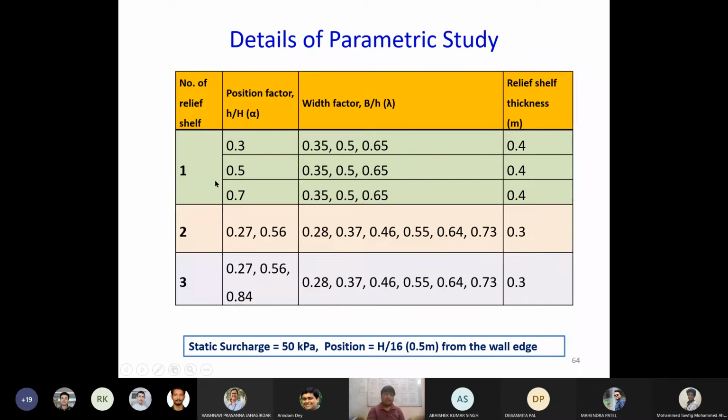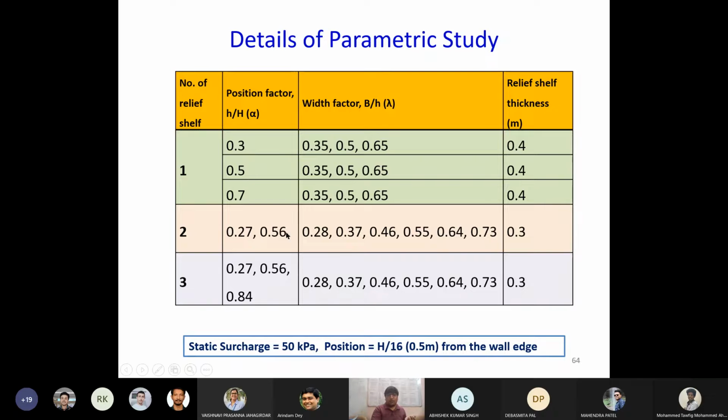Using a single relief shelf, three positions have been considered with this much width factor. The width factor is just the normalized width of the relief shelf, and the position factor is the normalized position of the relief shelf, where small h gives the position of the relief shelf and capital H is the height of the wall, because we will be using these terms very frequently during this discussion.